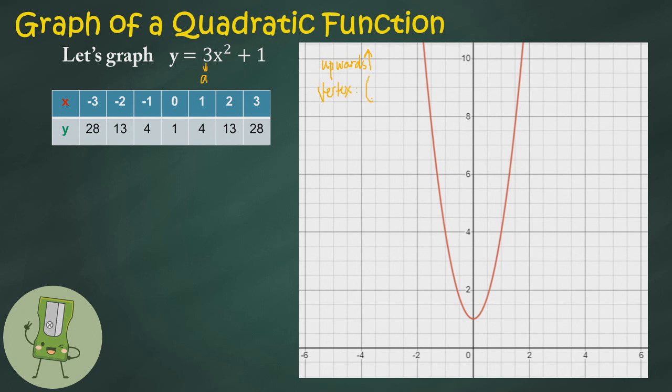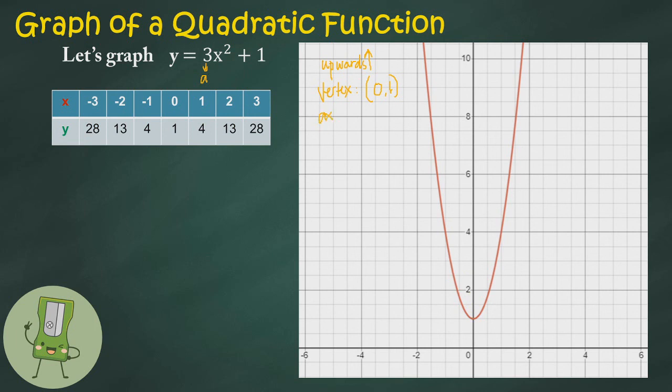That is given by the point 0, 1, which is the turning point of our parabola. And since it is opening upwards, it is also the minimum point. Ito yung pinakamababang point sa parabola natin.